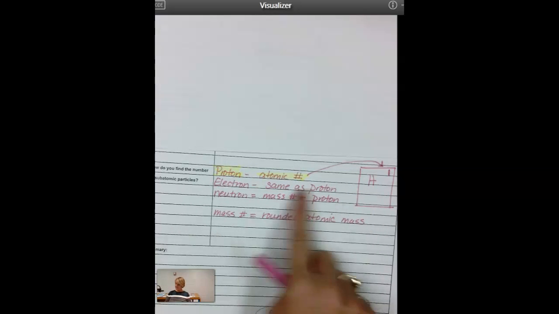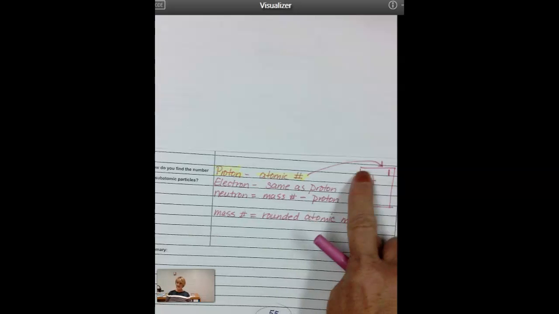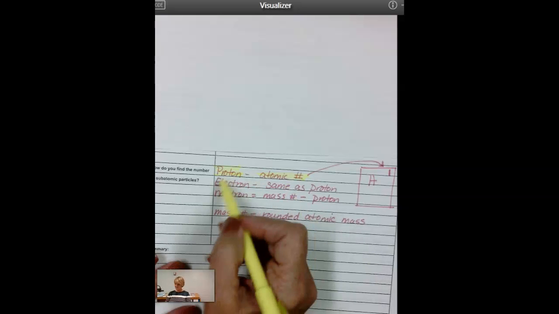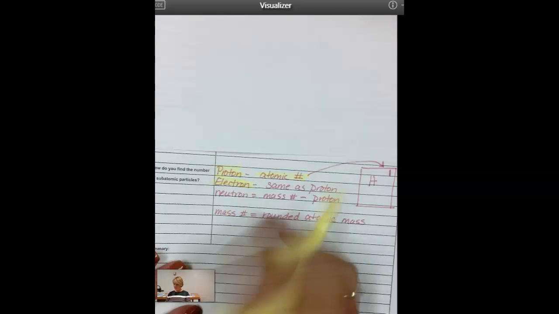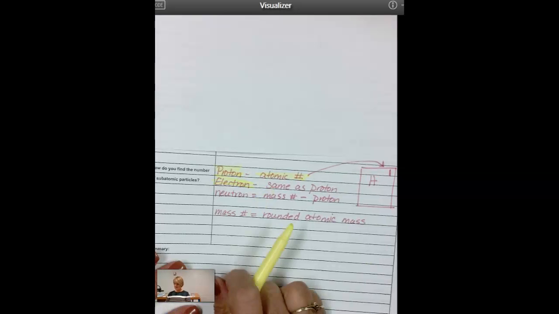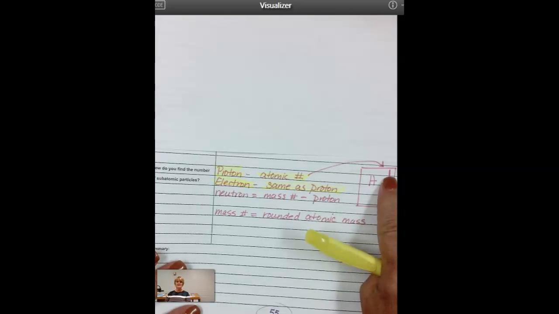Sometimes it's over to the right, sometimes to the left, sometimes in the center, according to which periodic table you have, but it is still going to be at the top. Then you have your number of electrons. Remember, we said the atom was neutral, so the number of electrons has to equal the number of protons. So that number is also the number of electrons.